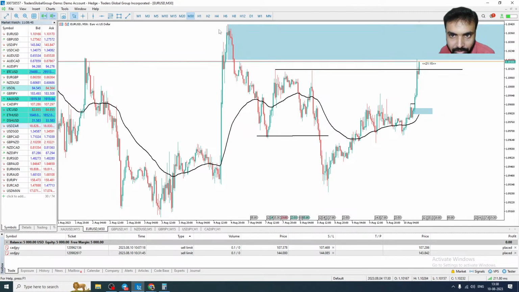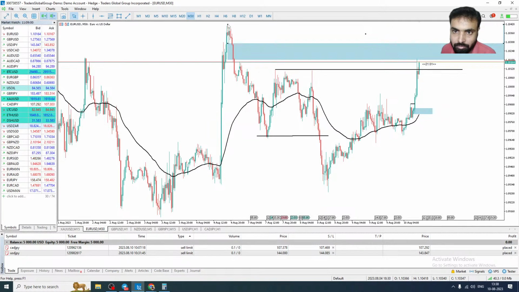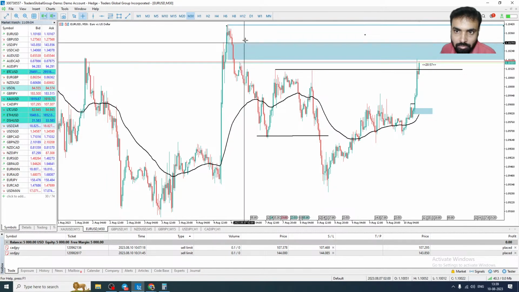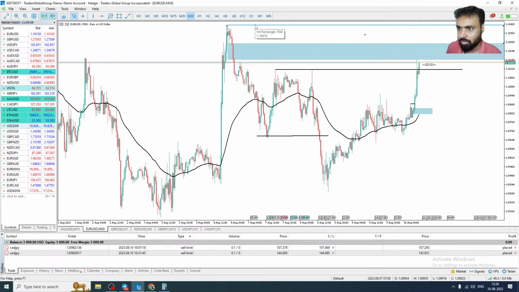We want to sell from here. At least from here. 100 point we can put stop loss.